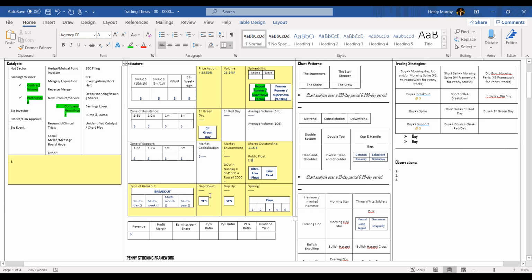All right. Did this stock gap up on the previous trading day or gap down? Let's take a look. And we're also going to look at how many days it is spiking for. So far, we did identify that it's spiking for 5 days, 4 days. And on the previous trading day, did it gap up? Let's see here.